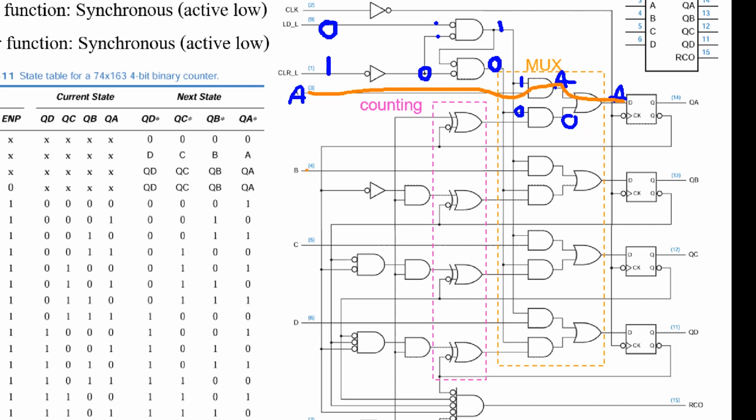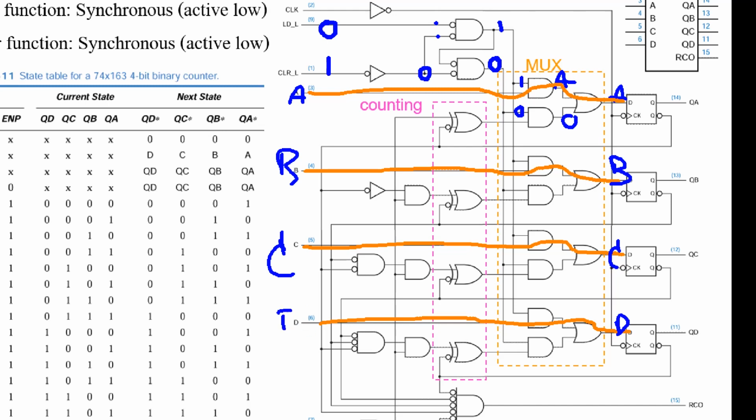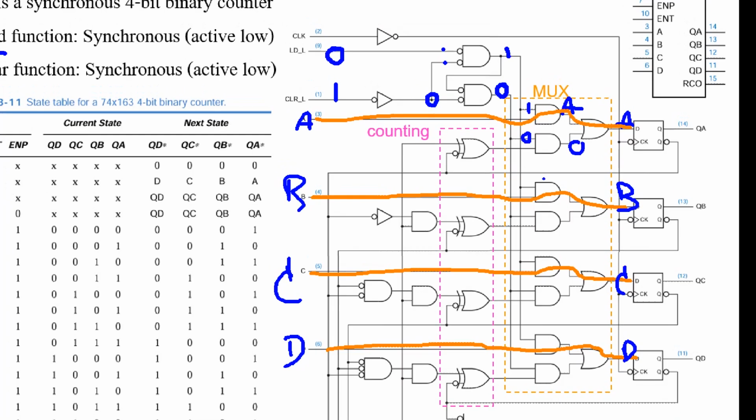Similarly for B also. B will wait here. Data from C goes here. D also. B, C, D is external input. It's data input. If you understand, the IC is this one.